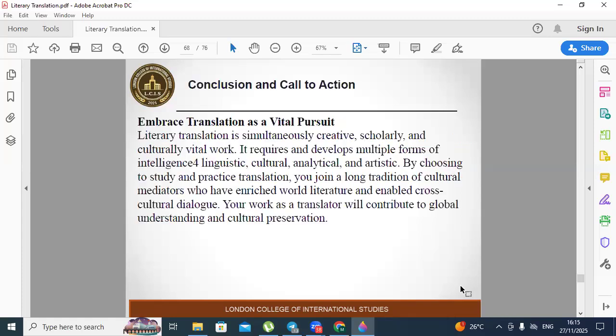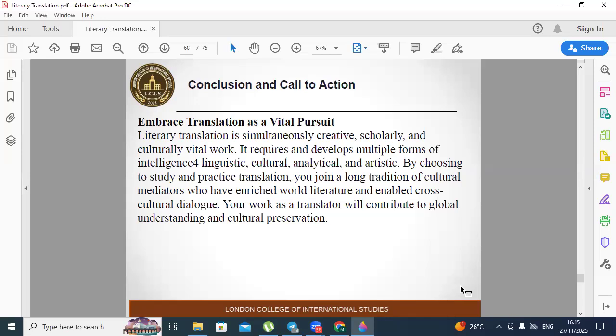Now let's move to the conclusion and the call to action. Embrace translation as a vital pursuit. Literary translation is simultaneously creative, scholarly, and culturally vital work. It requires and develops multiple forms of intelligence: linguistic, cultural, analytical, and artistic.